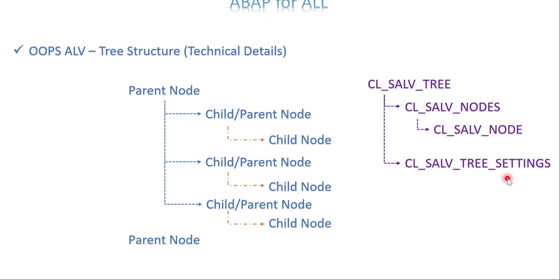And normally if it is a tree, you need a hierarchy. So what is the name of the particular column, the hierarchy column? Those things we are going to be able to do with the help of a few predefined methods, which come under the SALV tree settings class. Okay, so these are the four classes I'm going to use in this particular example.